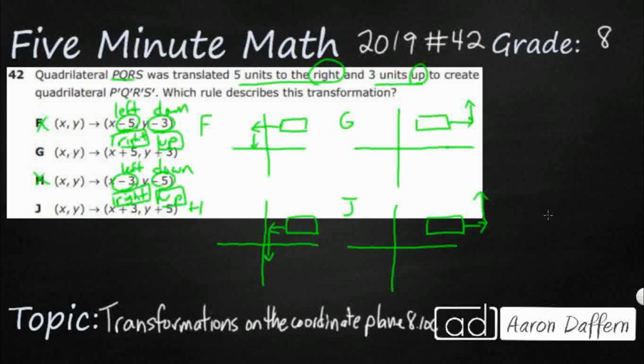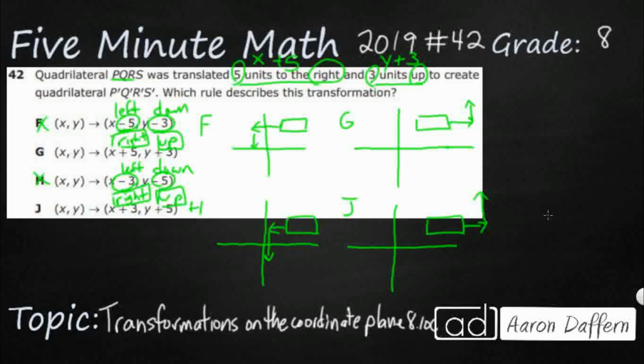Oh, look at this right here. How about we look at the numbers in the problem? That might be helpful. So we can't just move to the right any number. We need to move 5 units to the right. So that's going to be an x. So we need to take our x and add 5, because that's what 5 units to the right means, x plus 5. 3 units up means we're going to take our y, and we're going to add 3 to it.